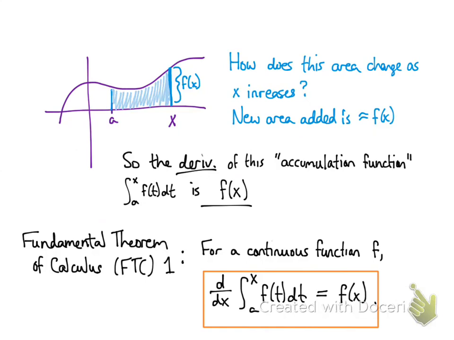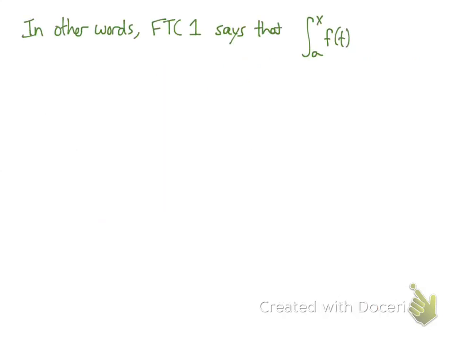Okay, so the derivative of the definite integral is the original function f. And notice what this is saying is that the derivative with respect to x of an integral that starts at any old number a and goes up to x of this function gives you f of x. So in other words, since its derivative is f of x, that function is an antiderivative of f of x.